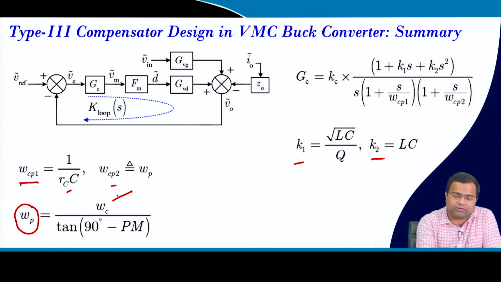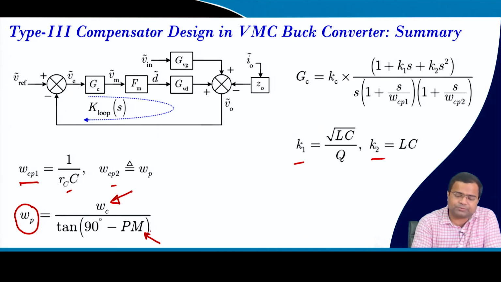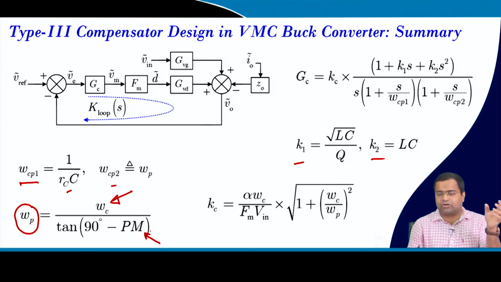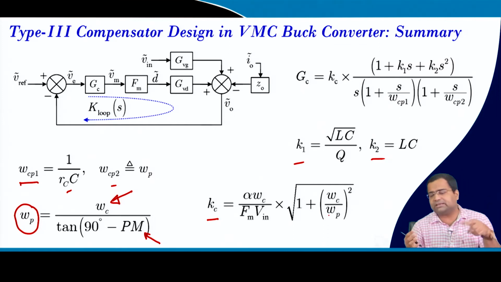We need to provide the crossover frequency, and generally we take up to 1/10 of the switching frequency, and then we need to specify the phase margin, and we have discussed model matching in detail. And we know the controller gain will turn out to be the ratio of omega c by omega p, where omega c is the crossover frequency and omega p is the pole frequency that we obtain from this equation.